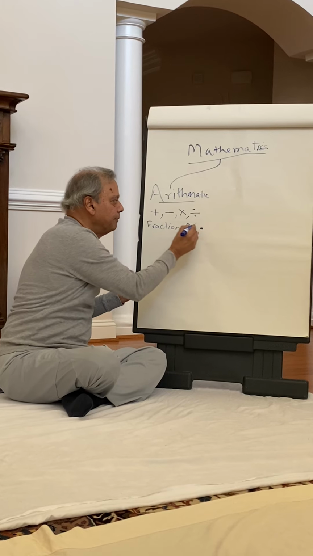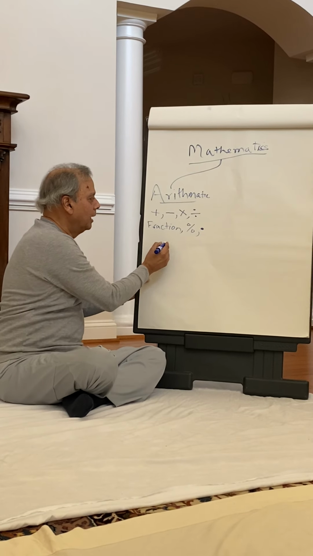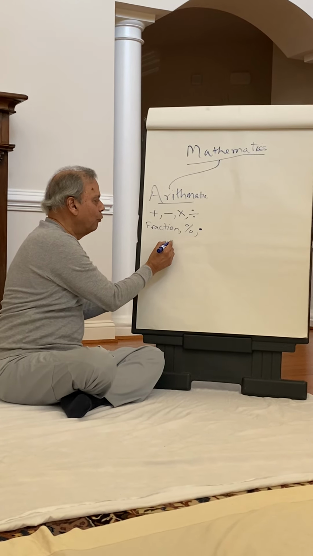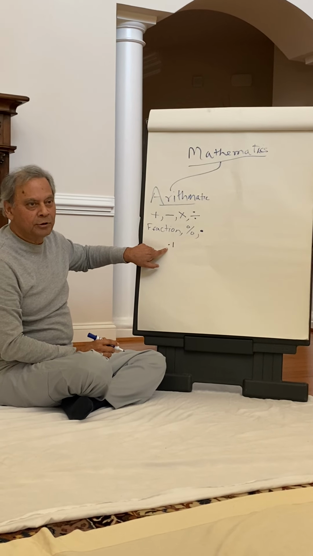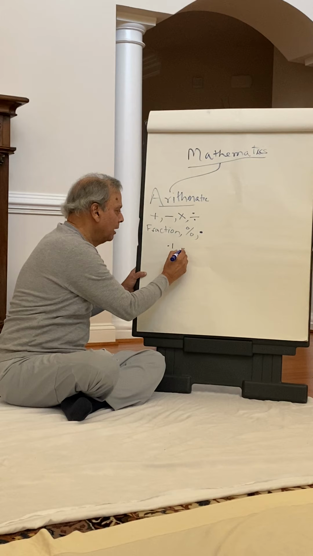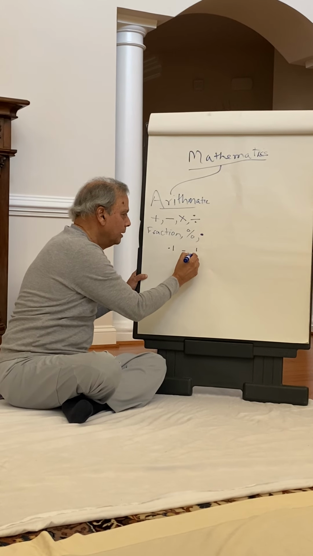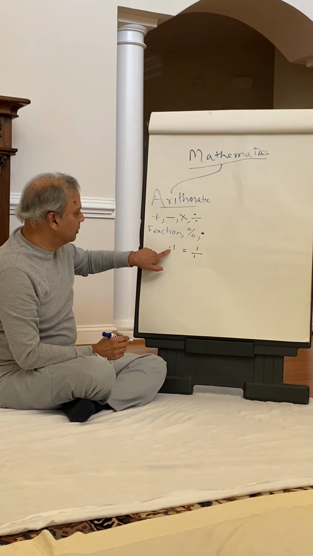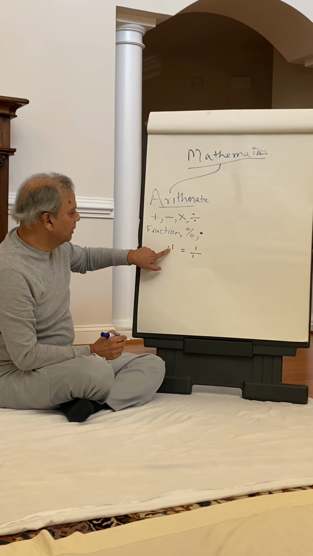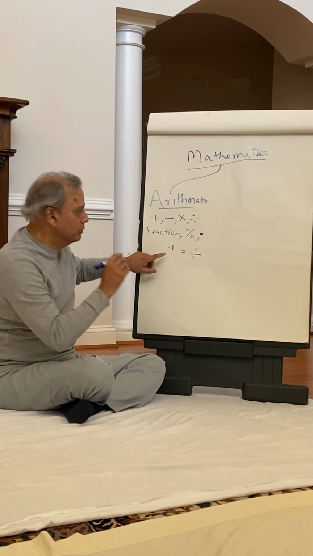Decimal means, if I write 1 after the decimal, what you need to do is the same as 1 divided by 1, and because there is 1 digit after the decimal, you put that many zeros.